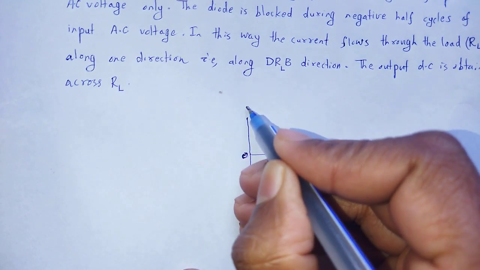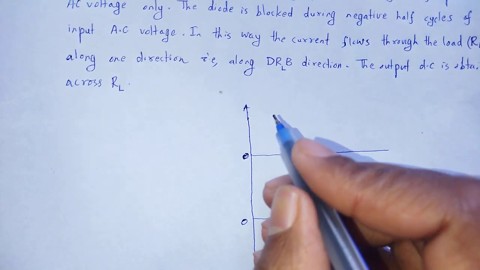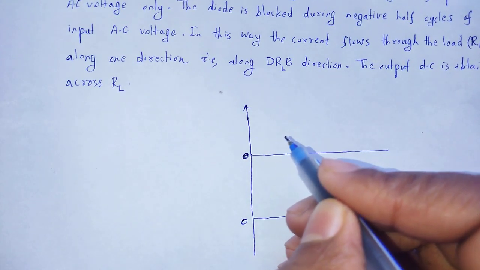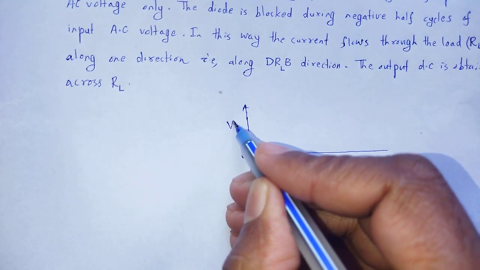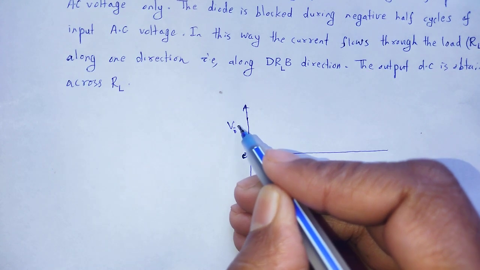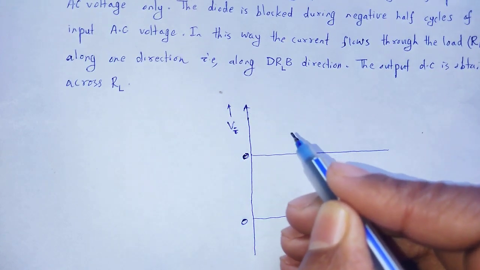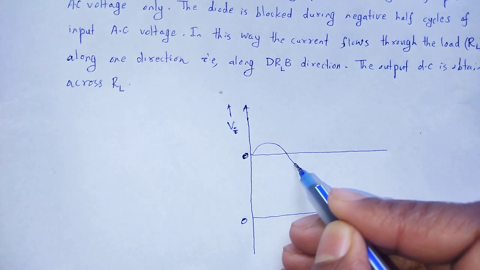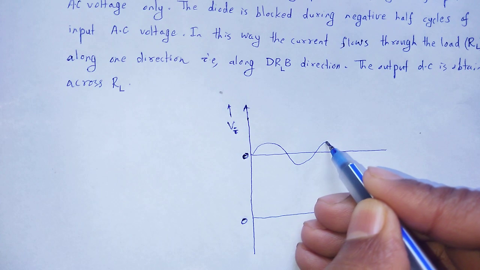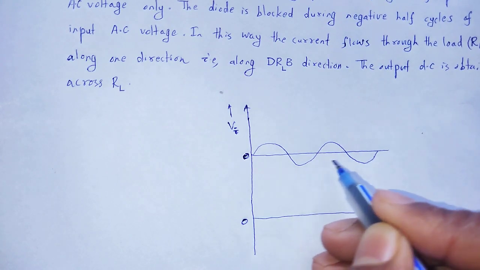That is the voltage, that be the current, the input voltage Vi. Here is the AC source.